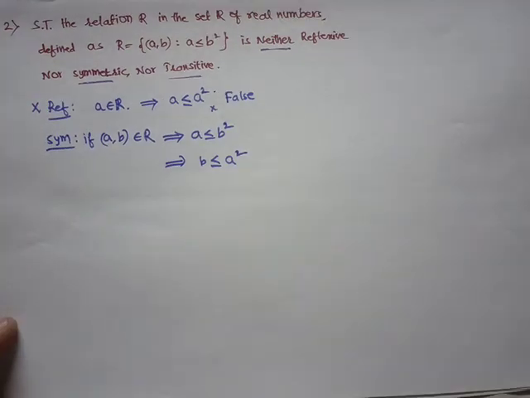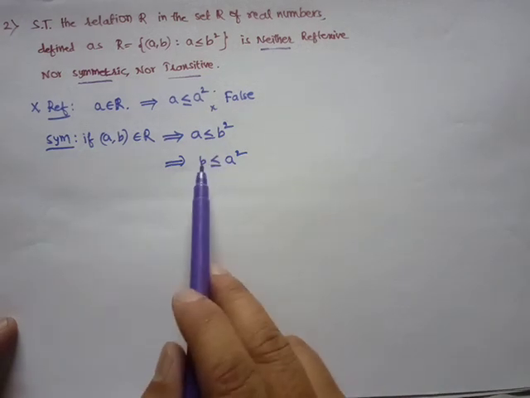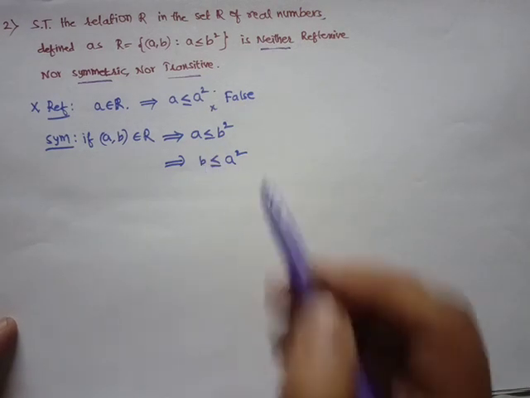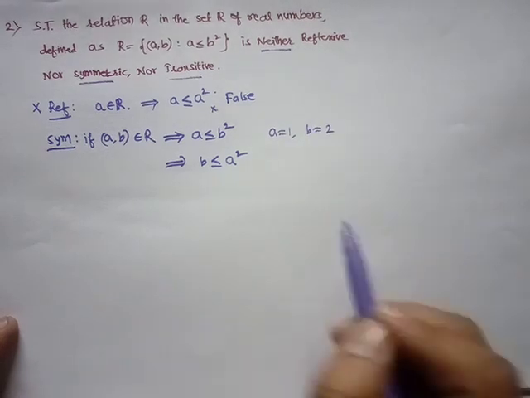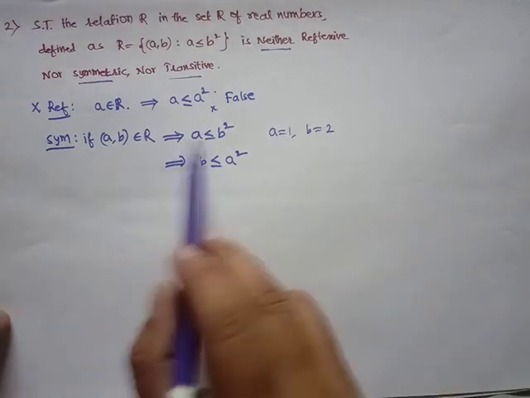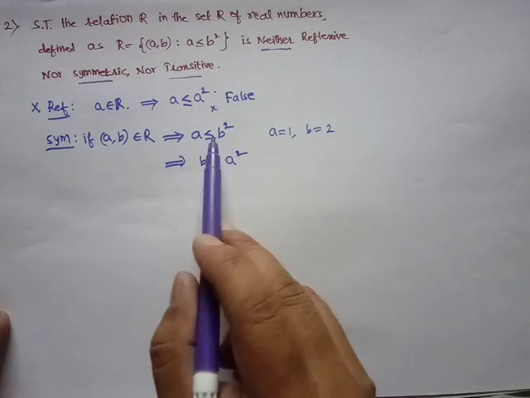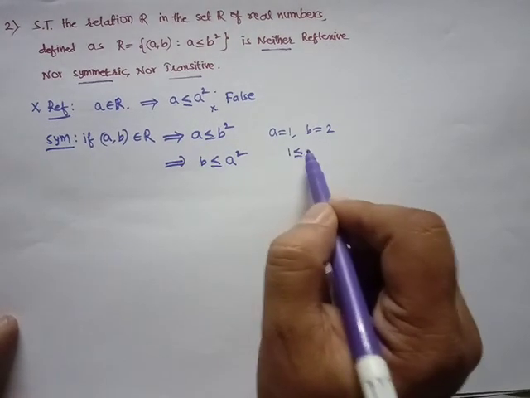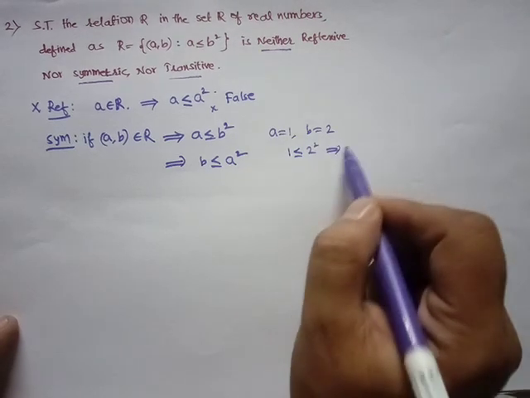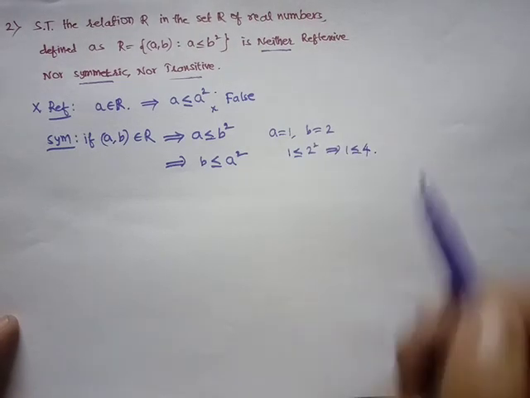By knowing the condition a less than or equal to b square, can we say b less than or equal to a square? So consider a equals to 1 and b equals to 2. Then 1 less than or equal to 2 square. Yes, it is right, 1 less than or equal to 4.